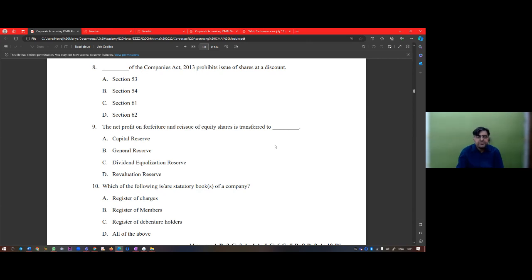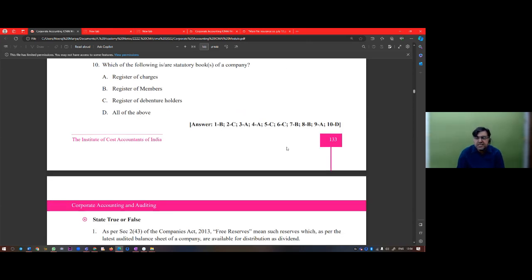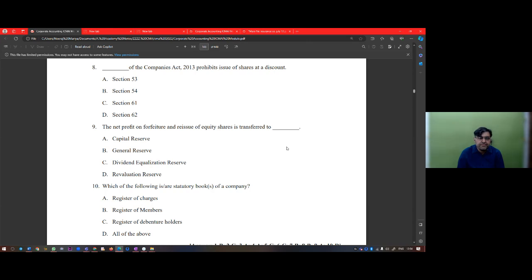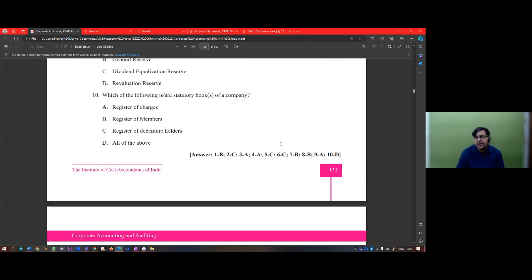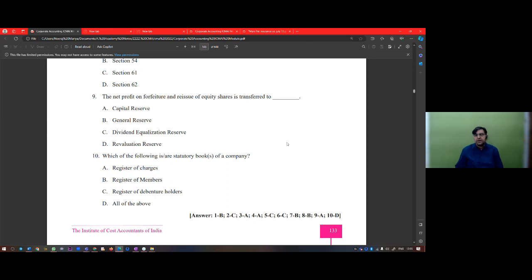Section 54 prohibits issue of shares at a discount. The net profit from forfeiture of shares is transferred to capital reserve. A. Which of the following are statutory books of a company?